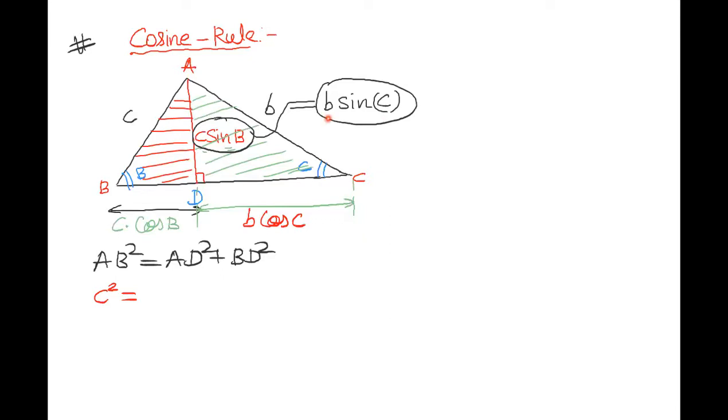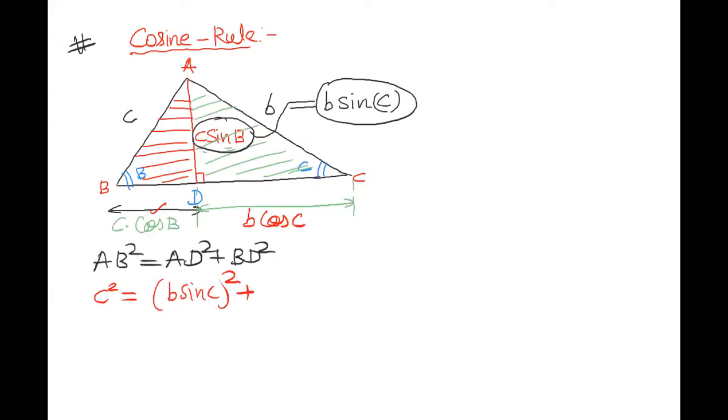To derive the cosine formula, I can use this also, but I am going to use this because I want to involve angle C. Why do I want to involve angle C? Simply, next time we will involve angle B; this time I just want to involve angle C. So AD I can write as b sin C, whole square. Now BD will be c cos B, but I don't want to involve angle B, so I want to involve angle C. What can I write in terms of angle C?